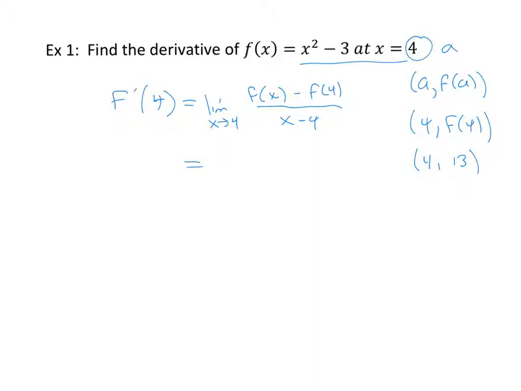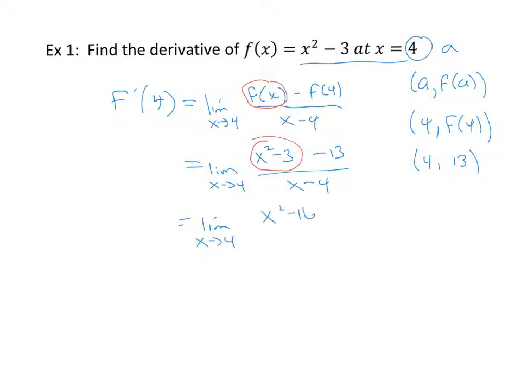And so putting in the rest of the specifics, we get the limit as x goes to 4. f of x is x squared minus 3, so I replace that with this. f of 4 we just saw is 13, divided by x minus 4. So that's the limit as x goes to 4 of x squared minus 16 over x minus 4.